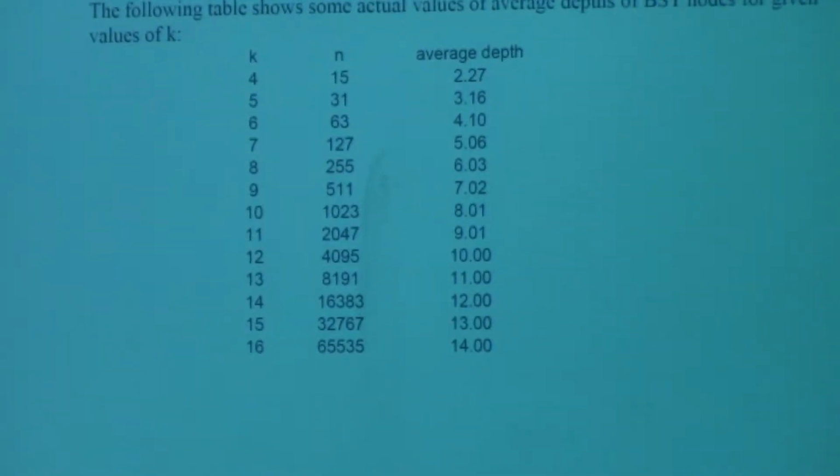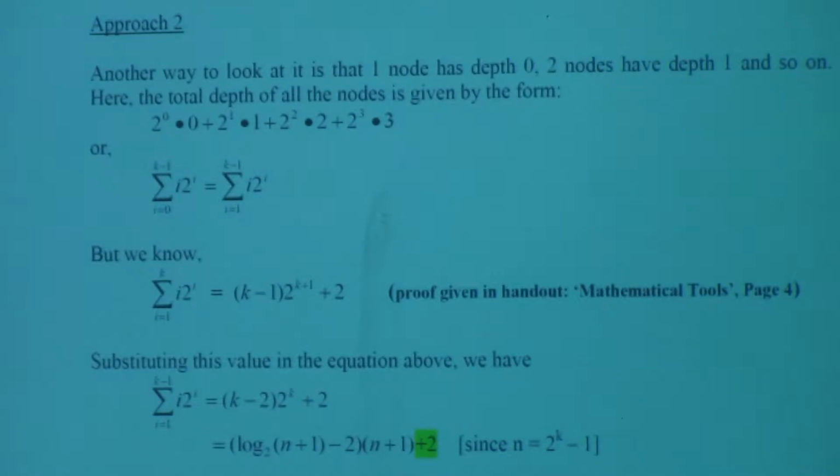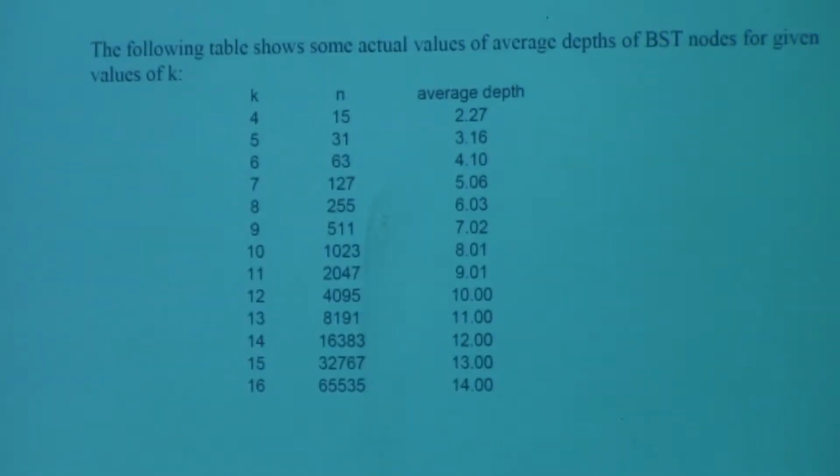So what I did was, I took this formula that we came up with, the average depth of a full binary search tree node, and of course the number of nodes, so we use 15, 31, 63, this is always 2 to the k minus 1, and I went all the way up to about 2 to the 60th power nodes.